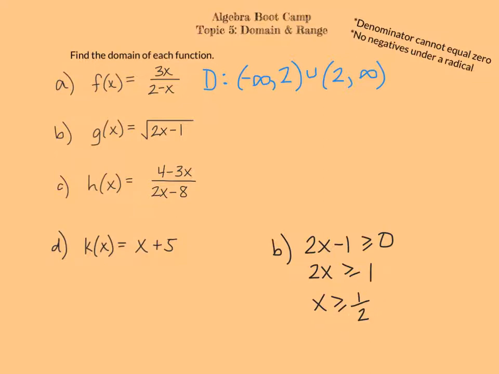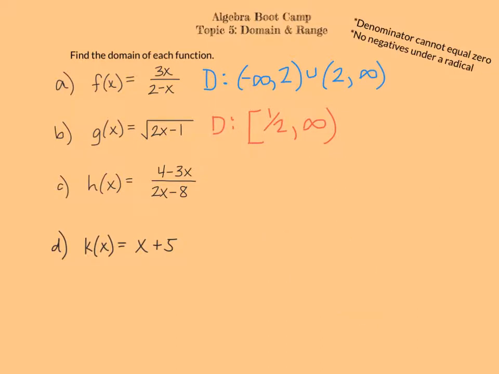To force x to be greater than or equal to 1/2, that means 1/2 is the smallest value we can be, and we can equal it, that's okay, because it's or equal to. So our domain goes from 1/2 and everything greater than it. This is writing this right here in interval notation.